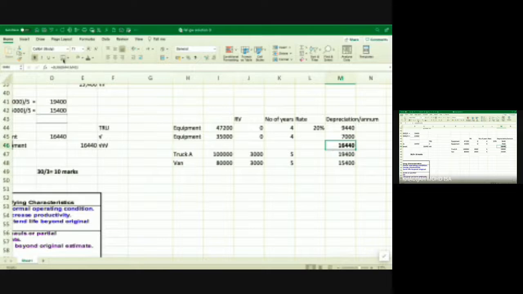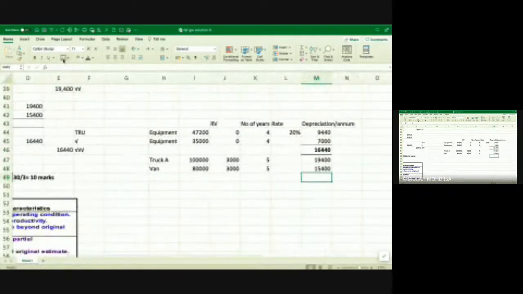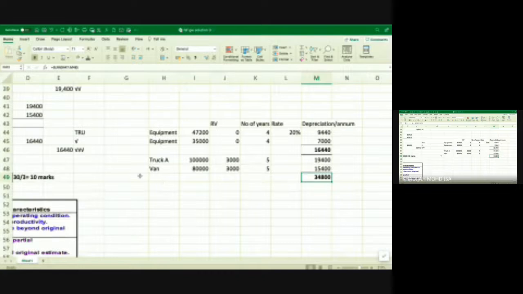Yeah, for this, and then you have the total for your motor vehicle. Remember. Right, so 16,440 is because you have the new equipment. This one is the new equipment, right? And then this one is also the new equipment where the rate is 20%, right?